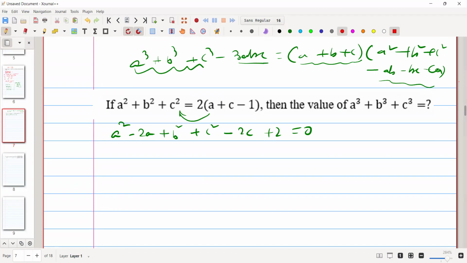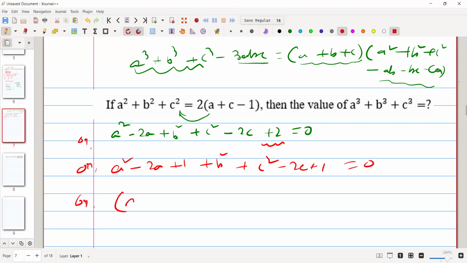Now we can express the 2 as the summation of 1 and 1, that is a square minus 2a plus 1 here, plus b square, plus c square minus 2c plus 1, and that is equal to 0. So (a minus 1) whole square plus b square plus (c minus 1) whole square is equal to 0.